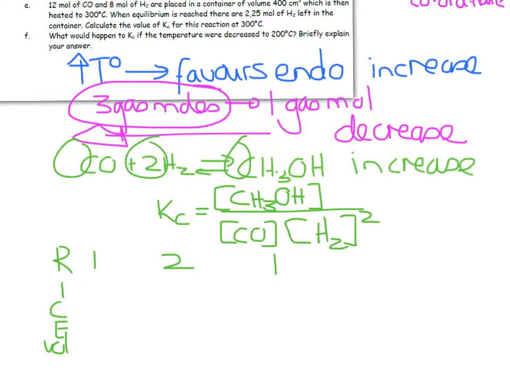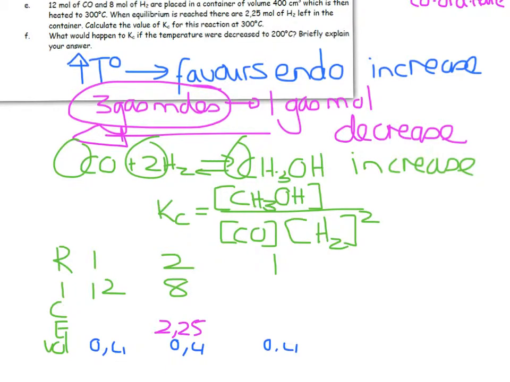Initial concentration, they give me 12 moles of carbon monoxide and 8 moles of hydrogen placed in a container with a volume of 0,4, which is then heated to a certain temperature. When equilibrium is reached, there are 2,25 moles of hydrogen left in the container. So that's what's left. And calculate the value of Kc for this reaction.